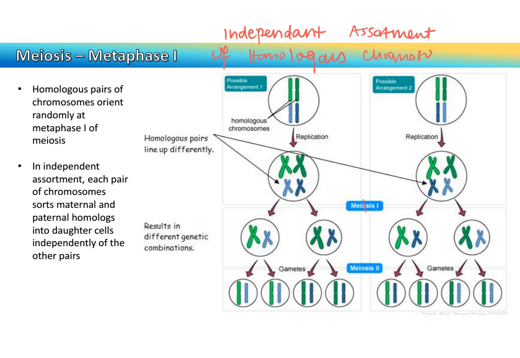Meaning to say, they will line up independent of each other, randomly at the metaphase 1 equator of the cell. Each pair of chromosomes, maternal and paternal homologous chromosomes, will be separated into different daughter cells independently of the other pairs, like this.